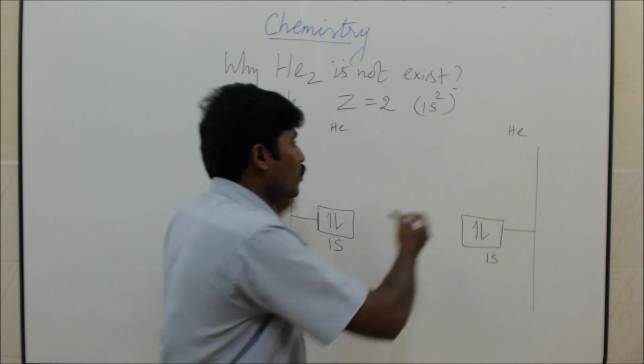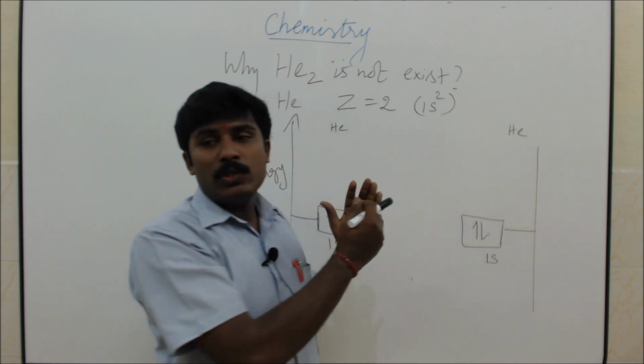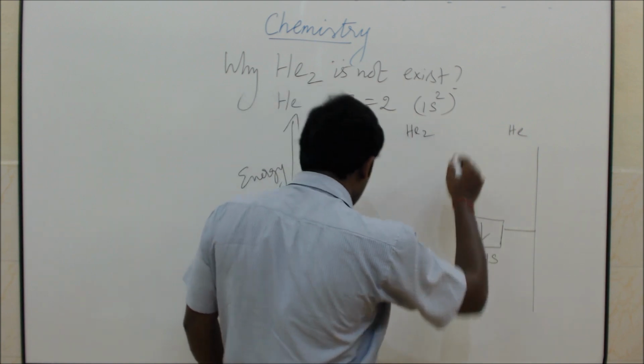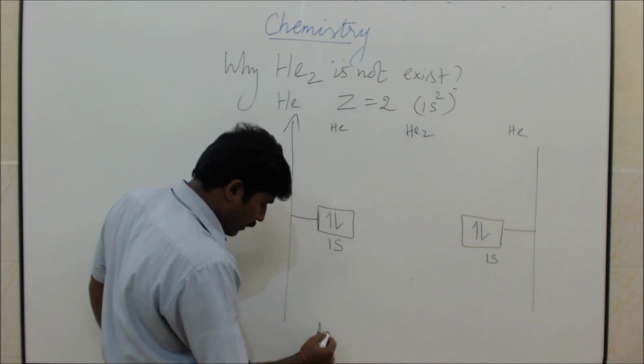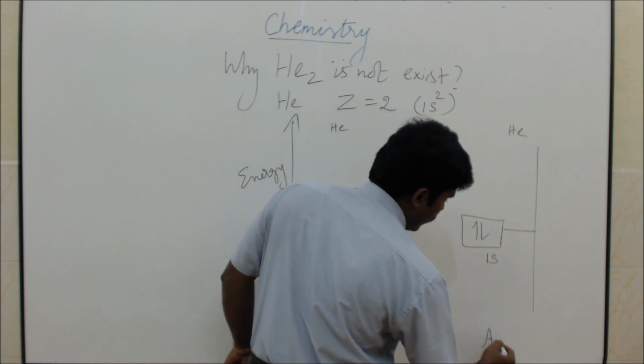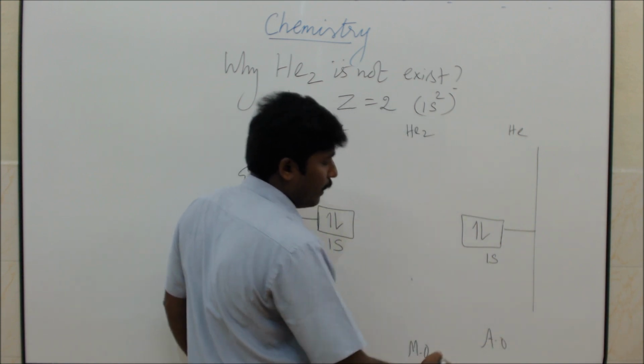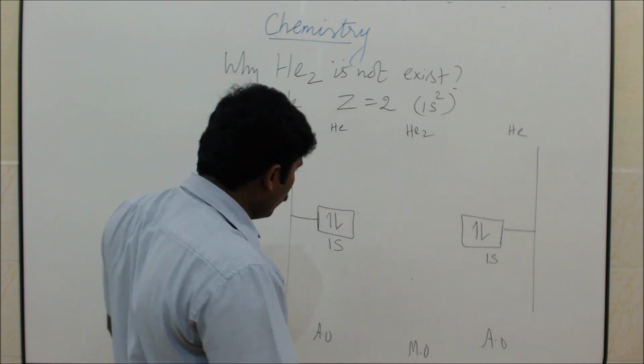Now these 2 helium atoms are going to combine to form a helium molecule, He2. This is an atomic orbital, and this is also an atomic orbital, but they are going to form molecular orbitals.